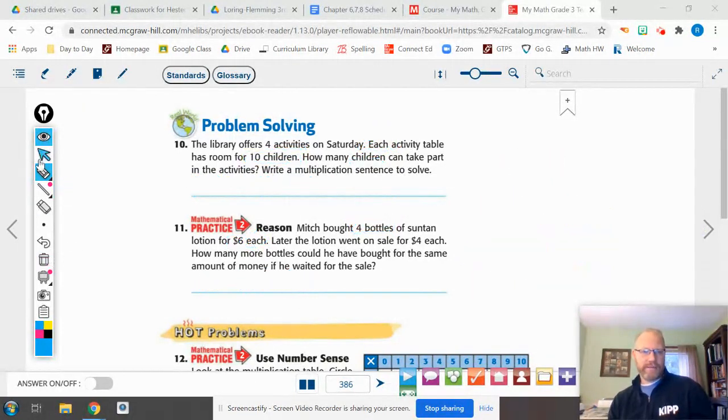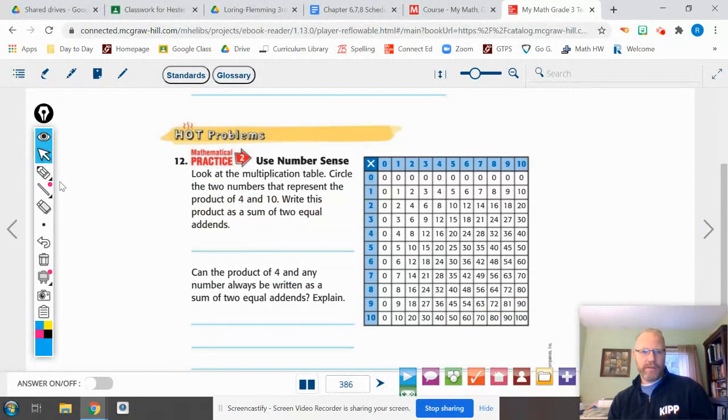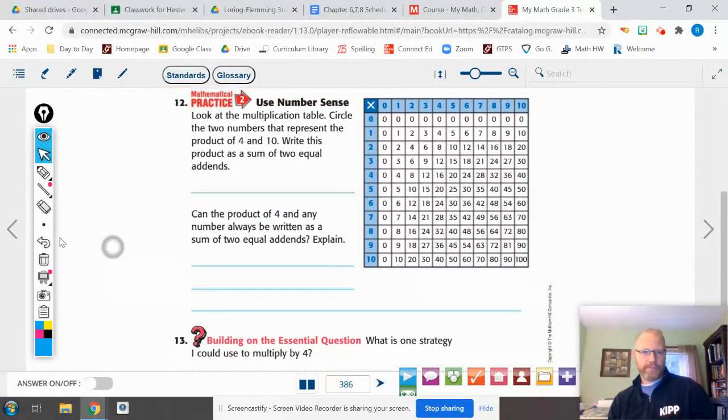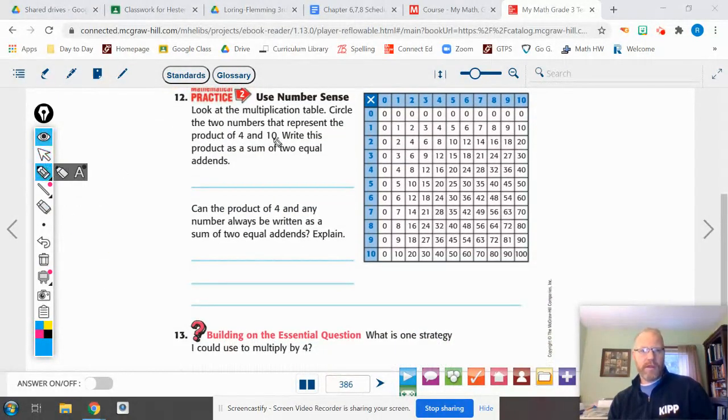Moving on to the hot problems. Number 12. Look at the multiplication table over here. Circle the two numbers that represent the product of 4 and 10. So go 4 times 10. So we're going to go across 4, 10.